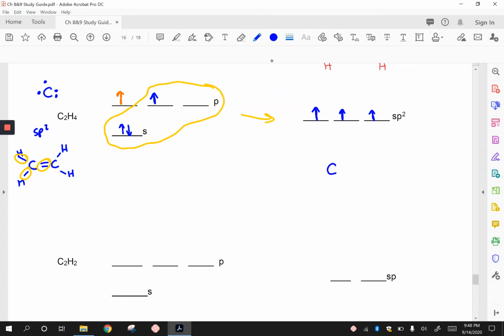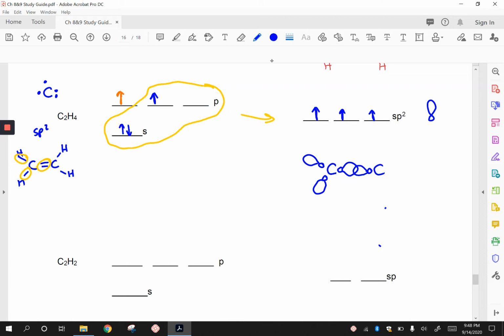So I have my 2 carbons here. Now these carbons each have 3 orbitals that are sp2. And remember, an sp2 orbital kind of looks similar to an sp3. It's kind of in between like an s and a p, right? So let's draw that. So we have 3 of those. There's 1. Here's 1. And here's a third one. So that's for this carbon. Let's do the same thing for this carbon.